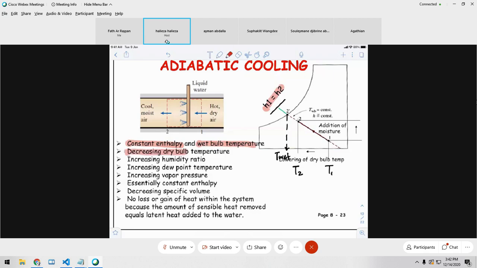Your humidity ratio increases. Let's have a look. Initially, this is, for example, 10%. Now that's increased to maybe 80%. So the relative humidity increases.